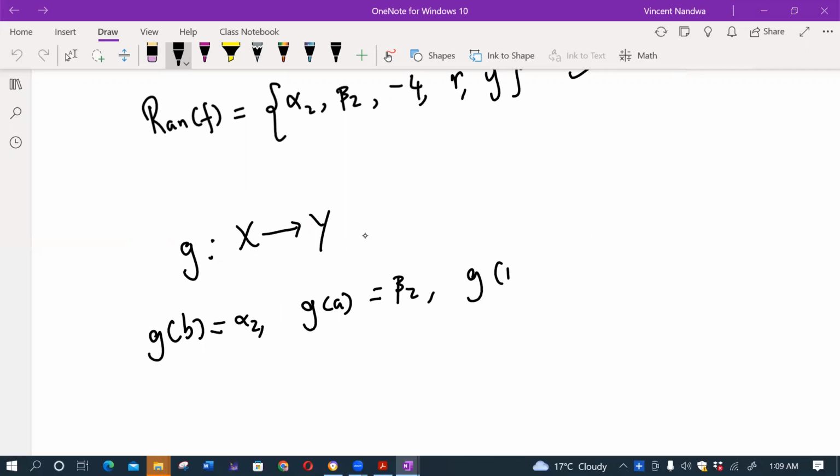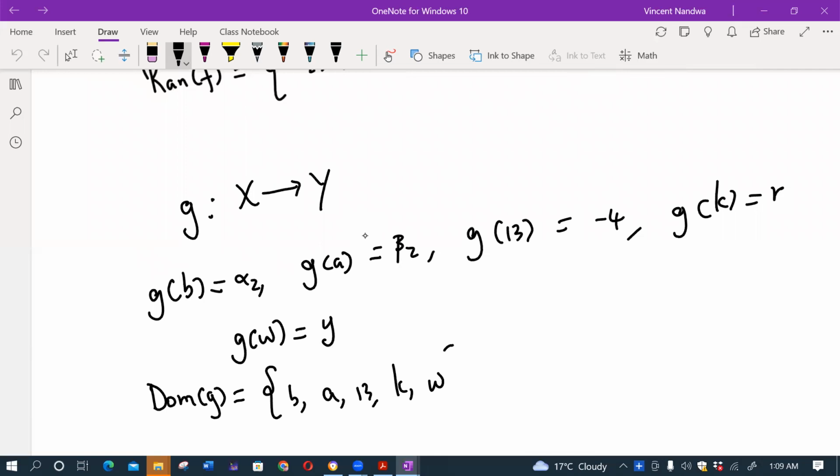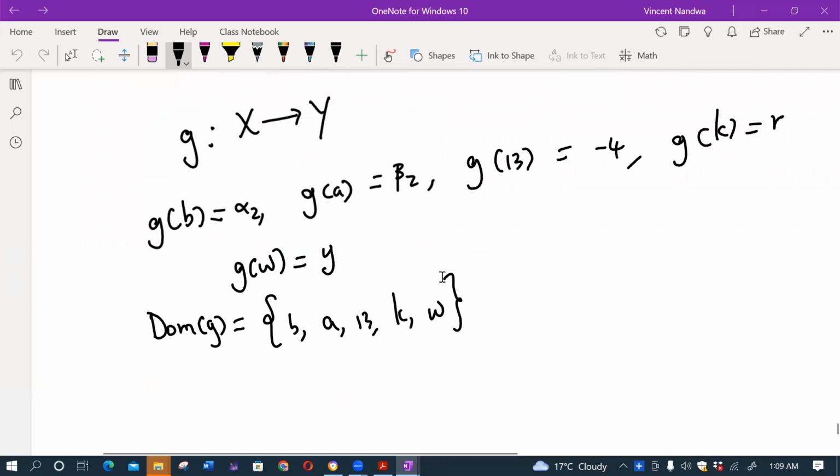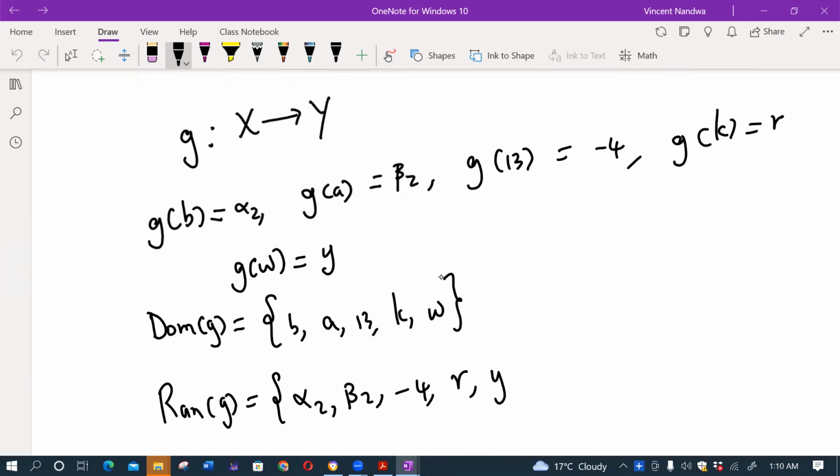So the set of all the inputs, we have the domain of the function g be a, b, 13, k, and w, while the range of g, the set of all the outputs, we have alpha 2, beta 2, minus 4, r, and y. So that's the solution for that given question.